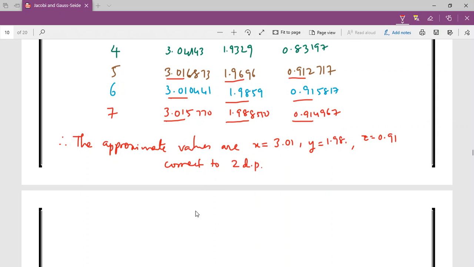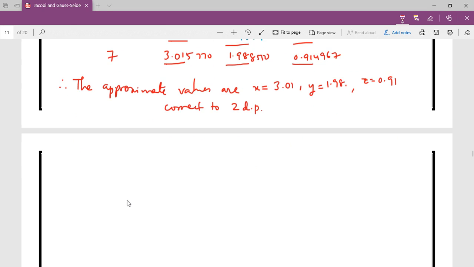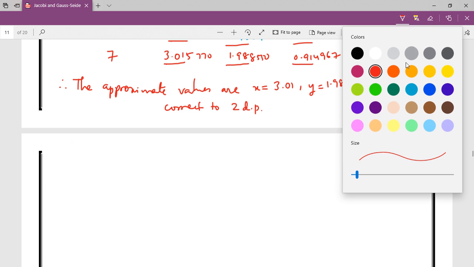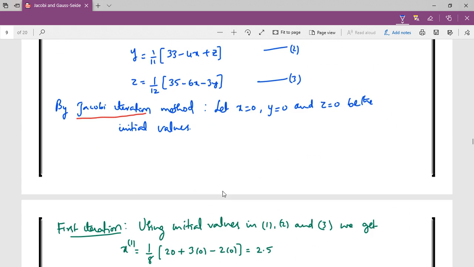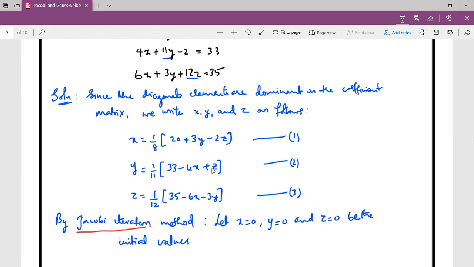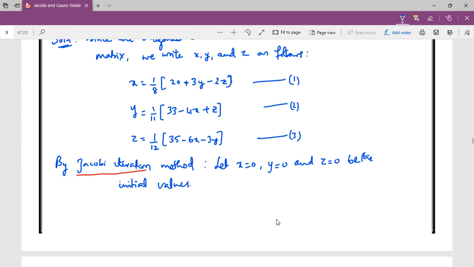Now, by the Gauss-Seidel method. In the Gauss-Seidel method, we write x, y, z equations as they are, and we take only y0 and z0.